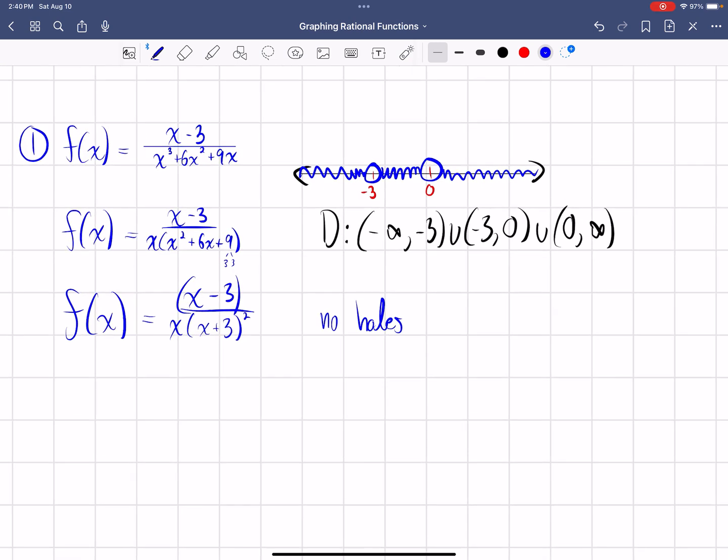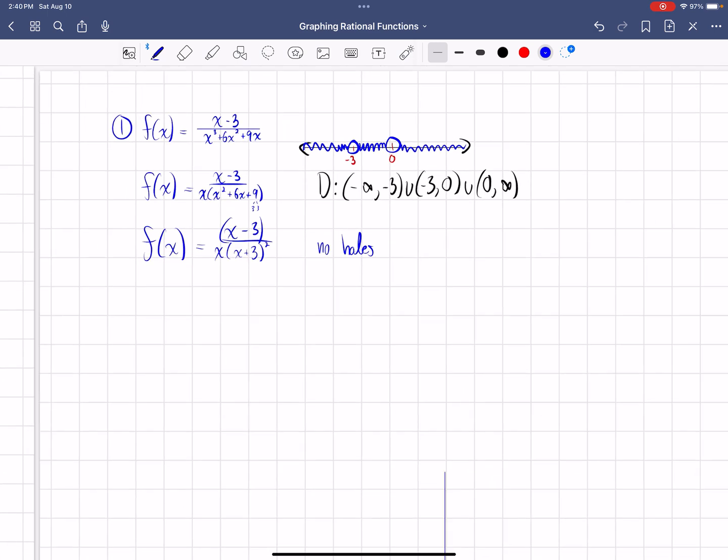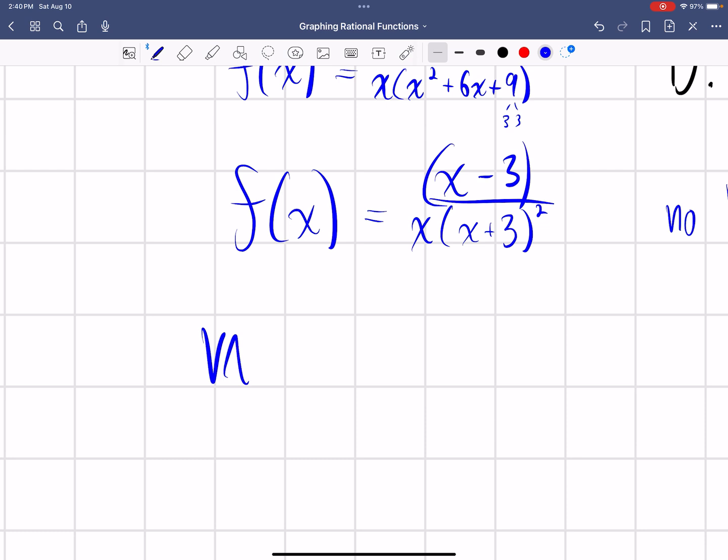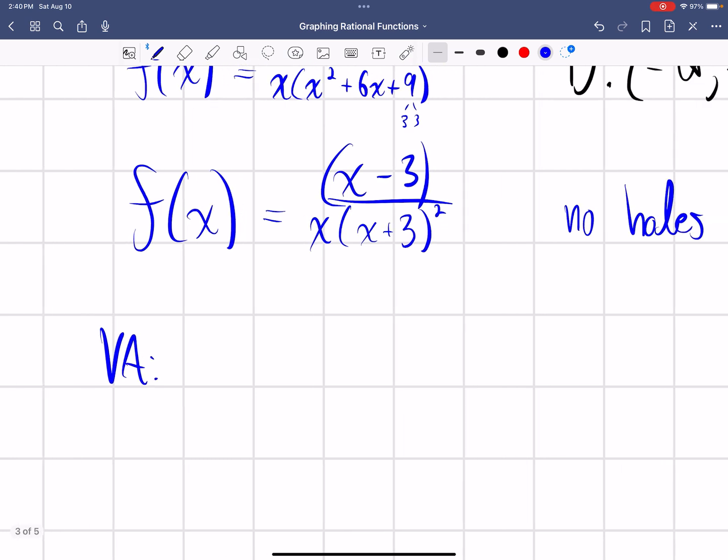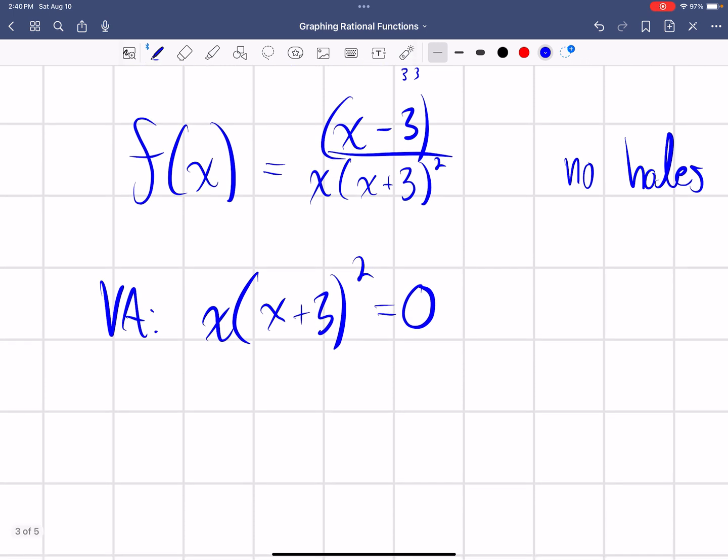Next step is to find vertical asymptotes. And to do that, we're just going to set the denominator of the function equal to 0. So we'll do x times x plus 3 squared equals 0. We'll use the zero product property. We get 2 solutions. We get x equals 0. And then we get, if we set x plus 3 equal to 0, we get x equals negative 3.